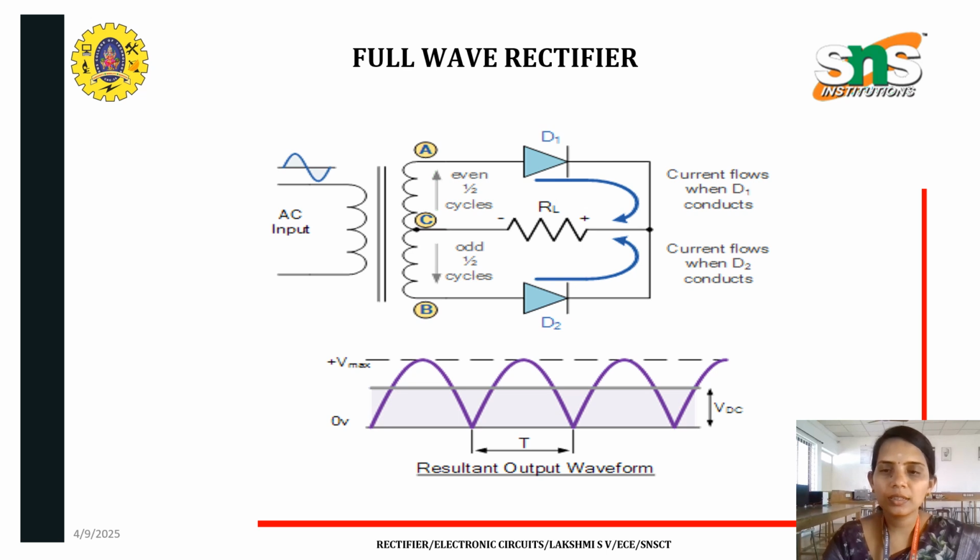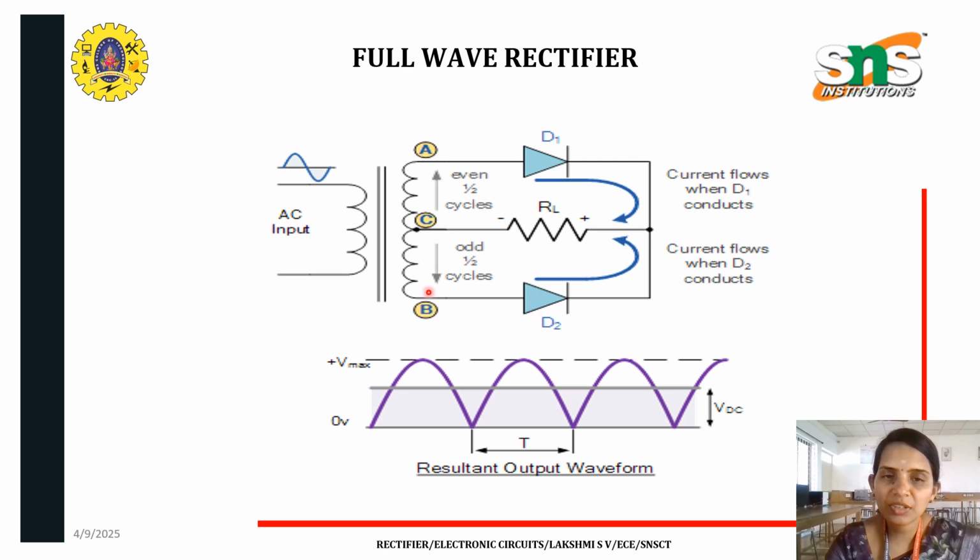Next is full wave rectifier. Here in full wave rectifier, we use two diodes so that we get the output at both the half cycles, both positive and negative. Initially during the positive half cycle, the diode D1 will be in on condition, D2 will be in off condition.